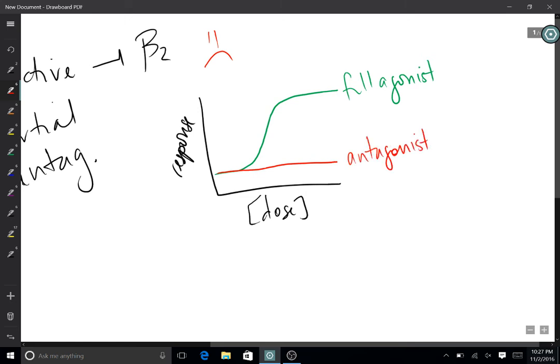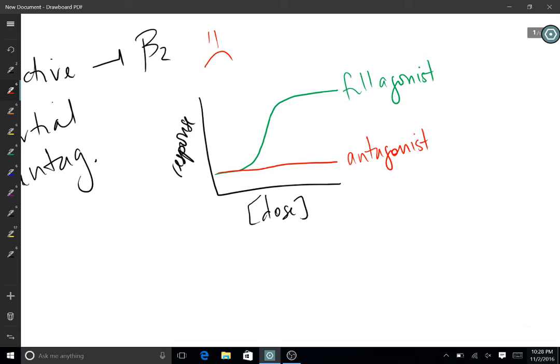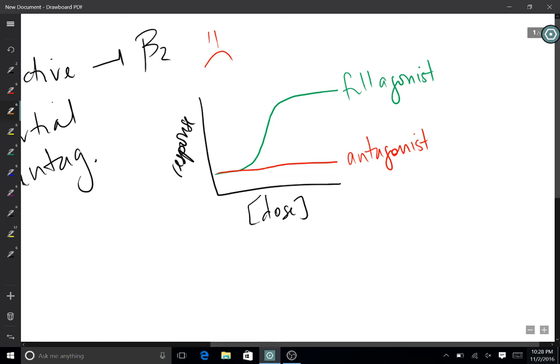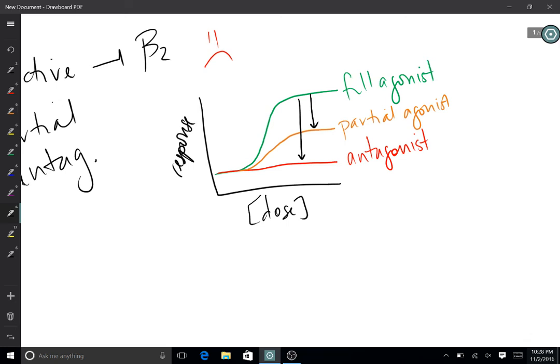Right? And so you're going to have the most dramatic effect at lowering cardiac output, which is great, but you're also going to have the most dramatic effect on the lungs. Not so great. And the partial agonists are somewhere in between. Here's your partial. And really what we're seeing here in both cases is that we're getting a decrease in activation of the beta receptors, beta 1 or beta 2.